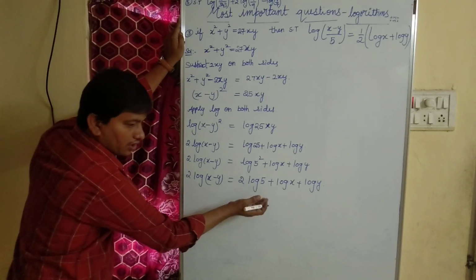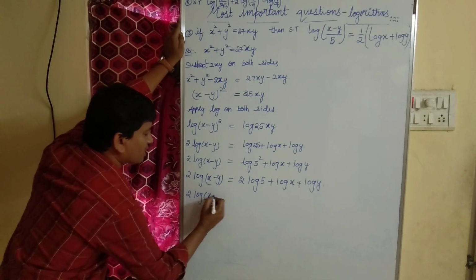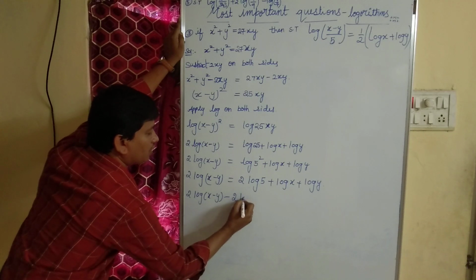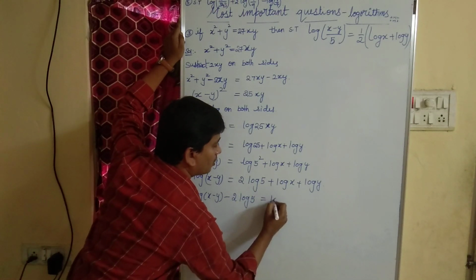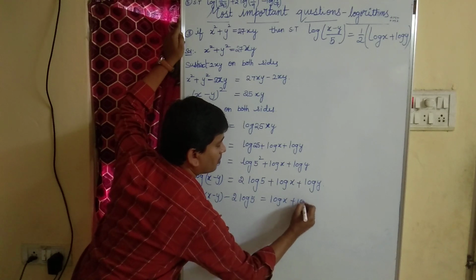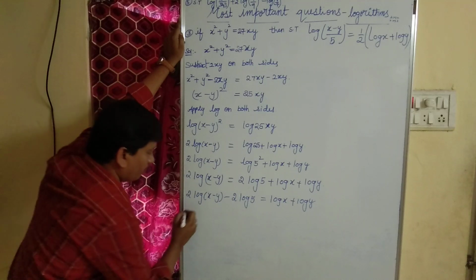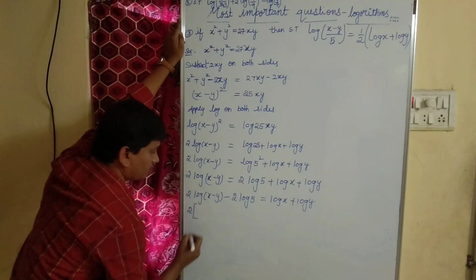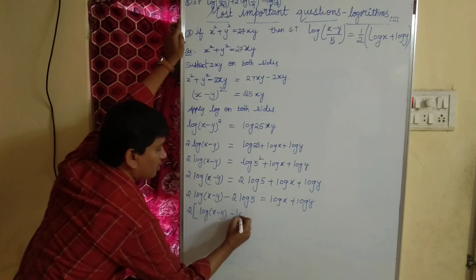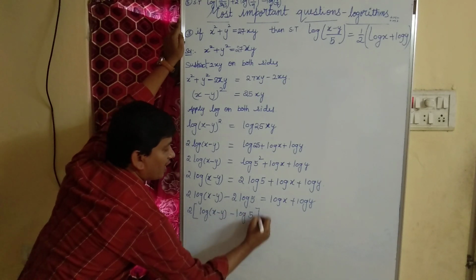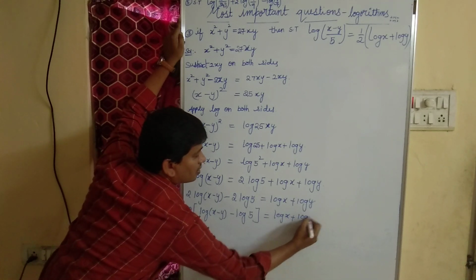Here 2 log 5, let us transpose this side. 2 into log of (x minus y) minus 2 into log 5 equals log x plus log y. Now you take 2 as common, so that we will get log of (x minus y) minus log 5 equals log x plus log y.